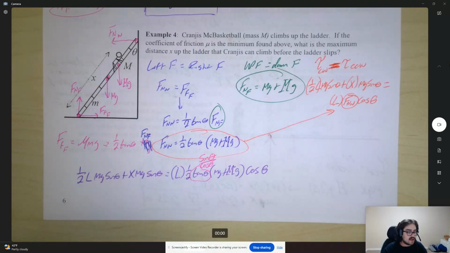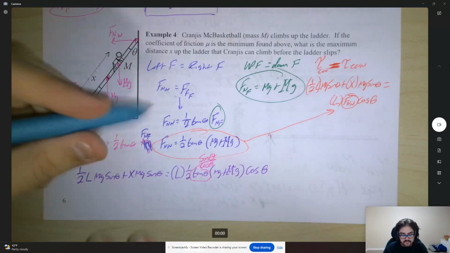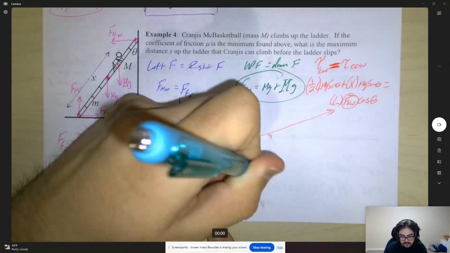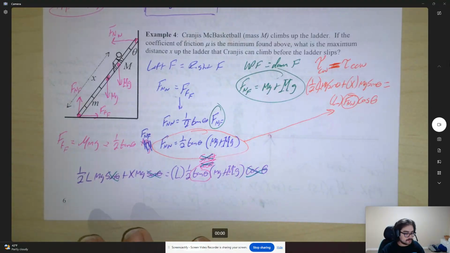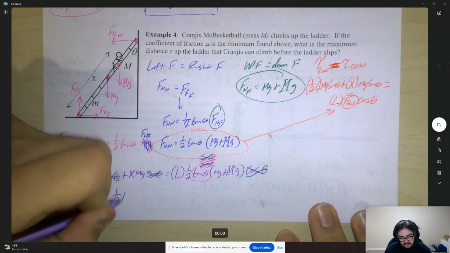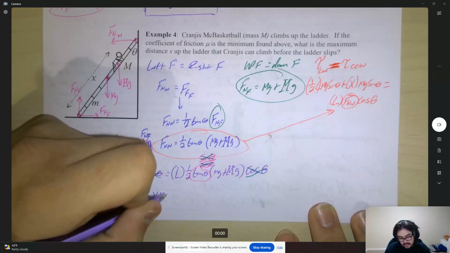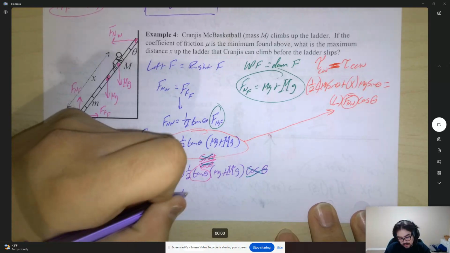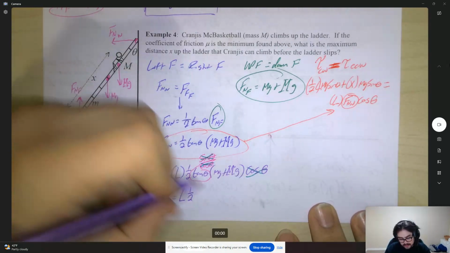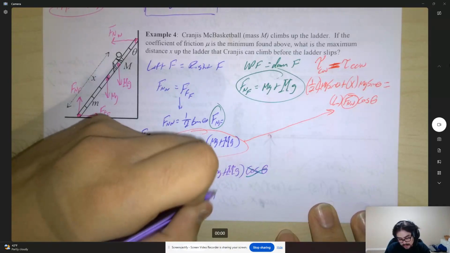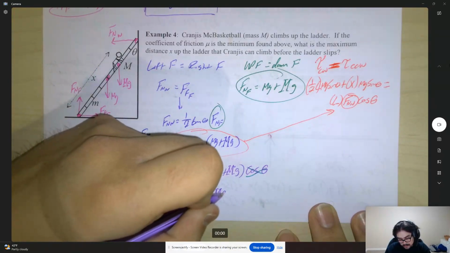We can eliminate all of our trig functions in one fell swoop, and that's exactly what I'm going to do because I do not like using trig functions, okay? So I get 1/2 L mg plus x mg equals L times 1/2 mg plus capital M g.